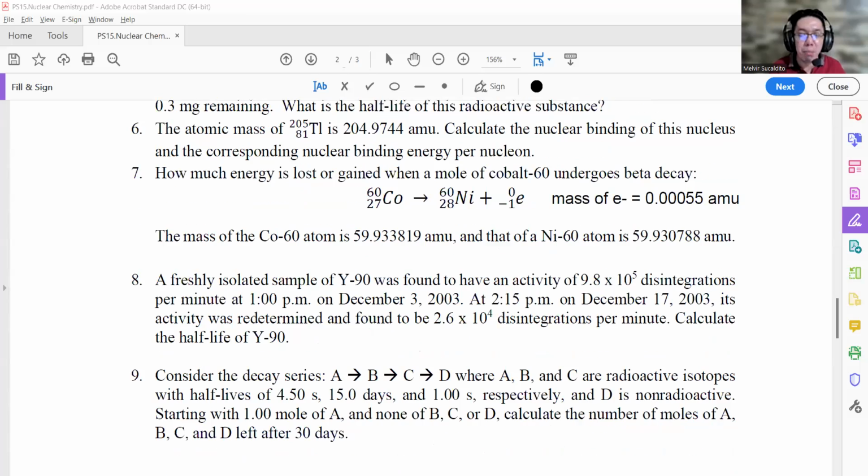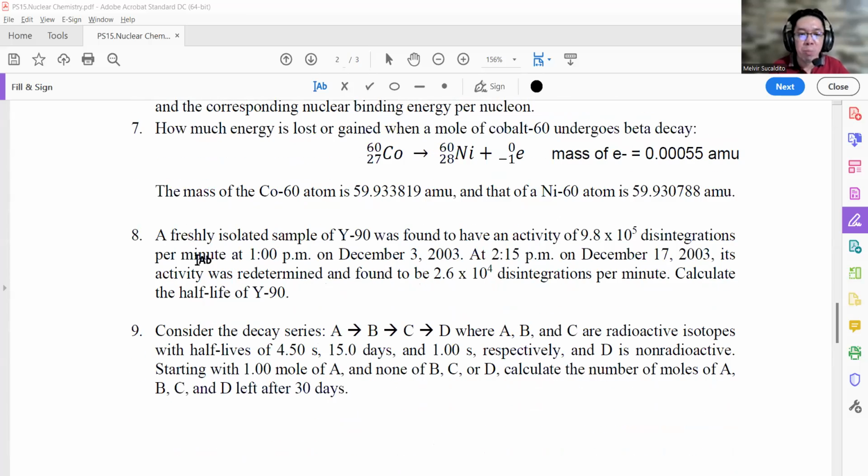So balik tayo kay nuclear chem. This time we're number 8. So ito, may disintegration per second na tayo or disintegration per minute. So, please take note, di ba? Recall natin, Josh, 1 disintegration per second is equal to anong unit yon? Becquerel. Very good.